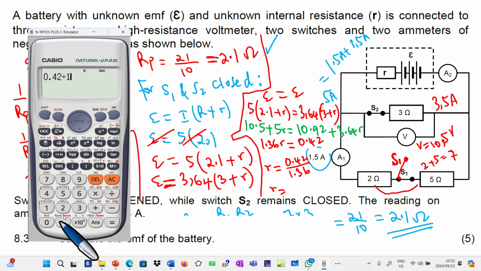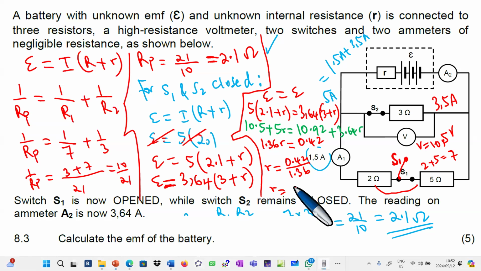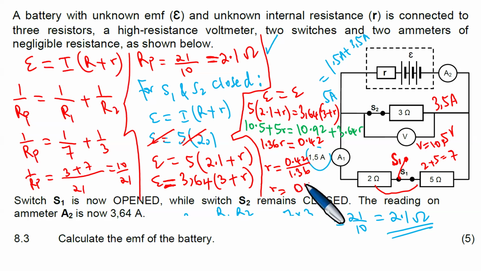Divided by 1.36, we get 0.31. So R is 0.31 ohms. That is the internal resistance.